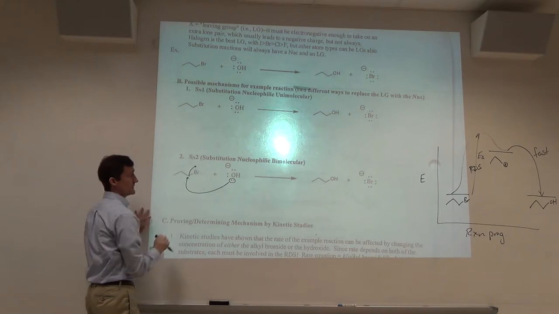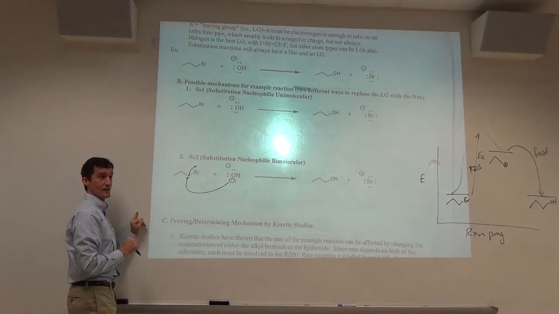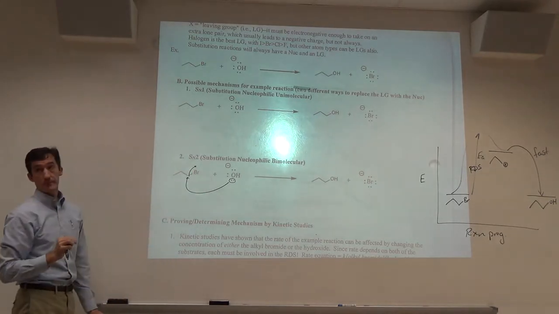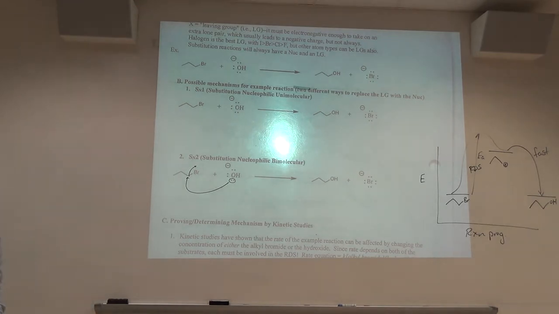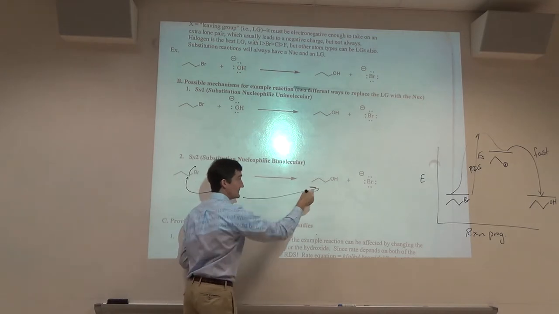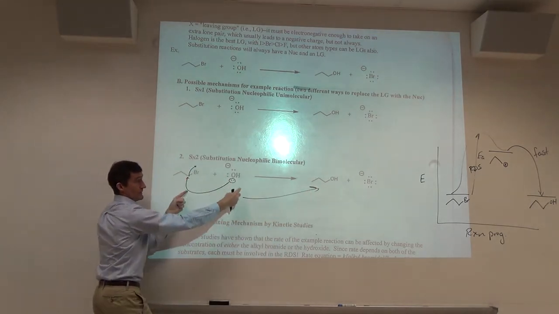What would this electron movement give? Here I had 2 arrows. What would that electron movement give? It would give that, wouldn't it? Because right here, the lone pair is binding to carbon.